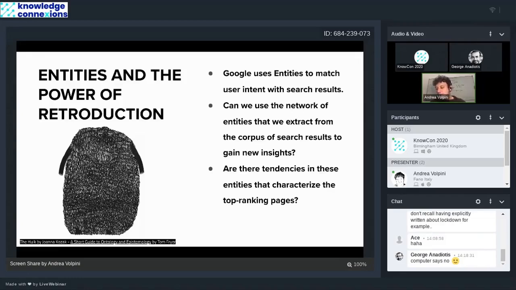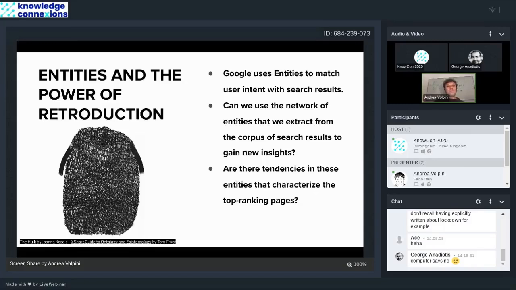And of course, the graph that Google has, which contains all the entities, has its own ontological feature. So the more we understand about the knowledge graph of Google, the more we understand the way in which Google might organize the results and might use the entities to match the user intent with the content.